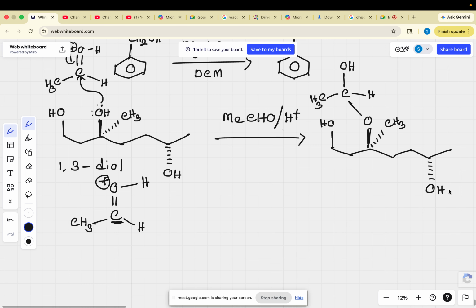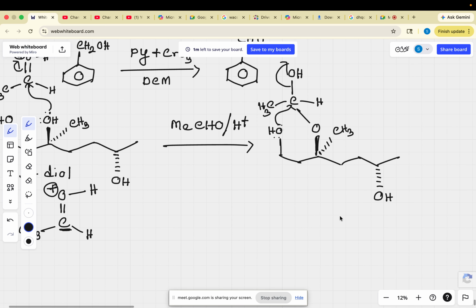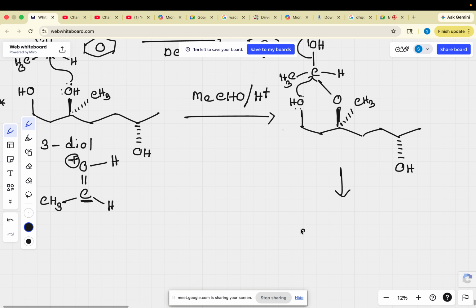Here you have OH. Now you also have another OH here. So this oxygen also has a lone pair. So this oxygen is now attacking on this carbon center and this OH is leaving. So what ultimately are you getting?